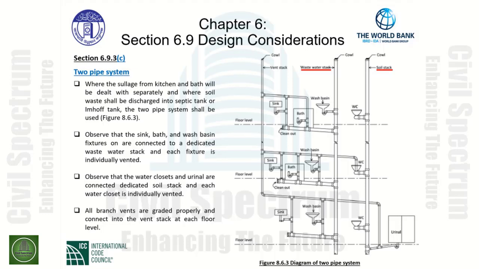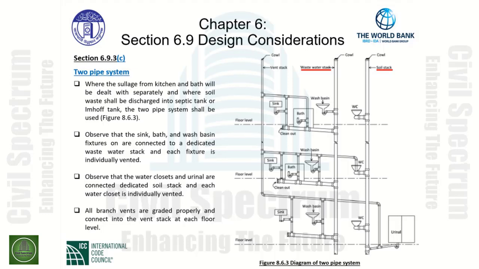Figure 8.6.3 gives us the diagram. In this diagram, observe that the sink, bath, and wash basin fixtures are connected to a dedicated wastewater stack, and each fixture is individually vented.